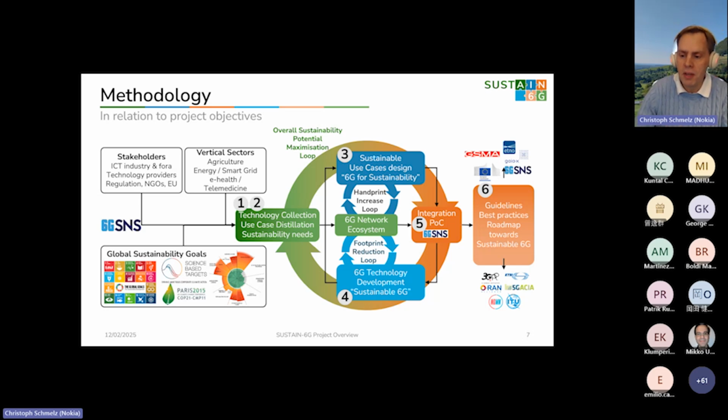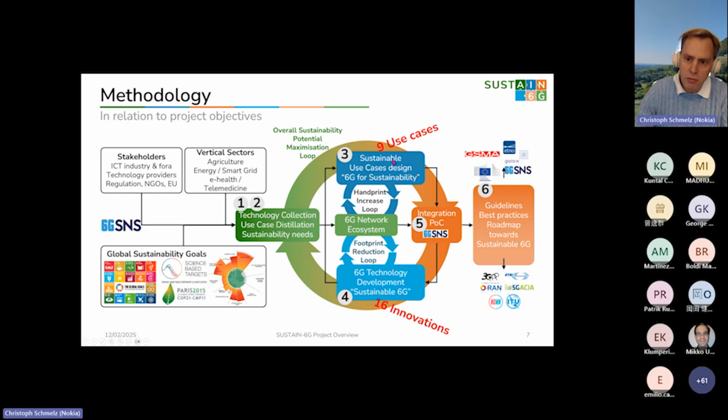But as said, we will also be reaching out to the large amount of industry fora, which go beyond, let's say, the direct technical standardization. And for sure, we will also collaborate with the European Commission on these topics. There's quite a strong interest from their side in the results we're going to deliver.